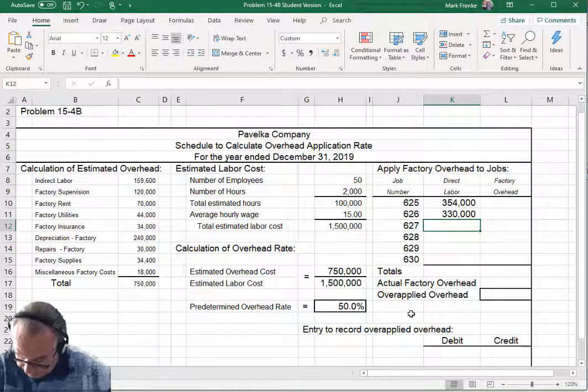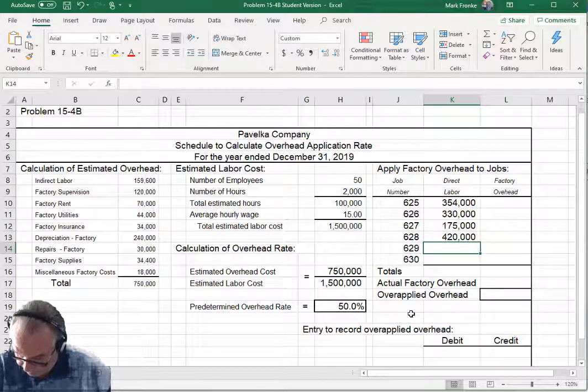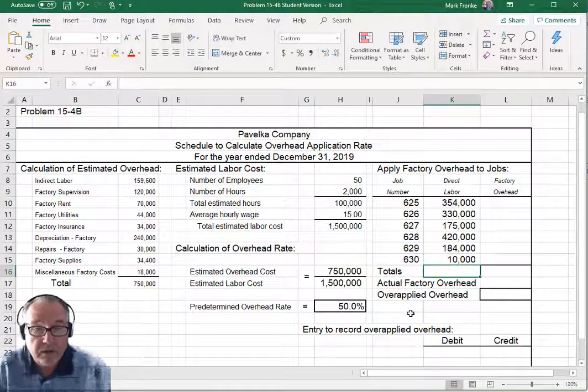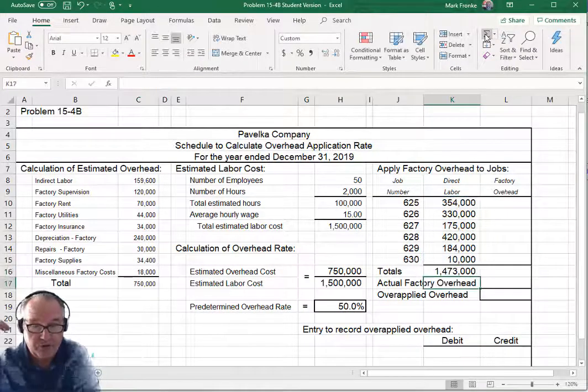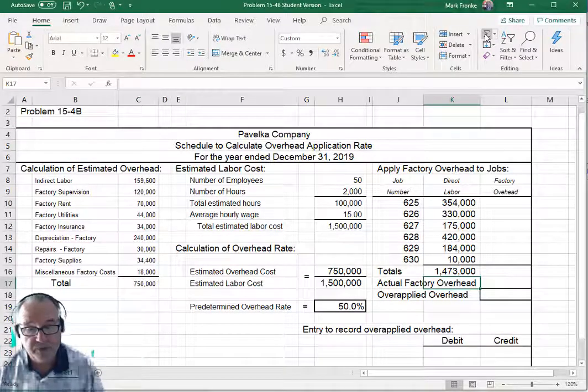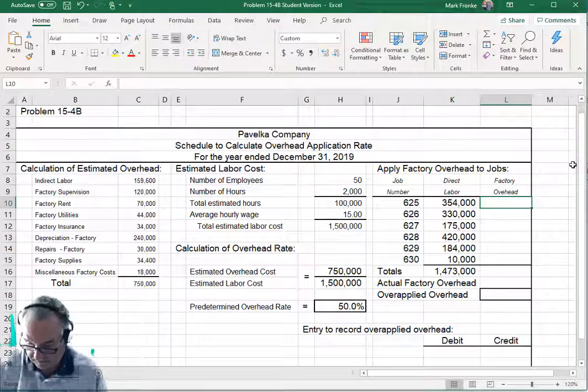for each job, which was a total of $1,473,000. In other words, our estimate was $1.5 million, but we actually only incurred direct labor cost of $1,473,000.